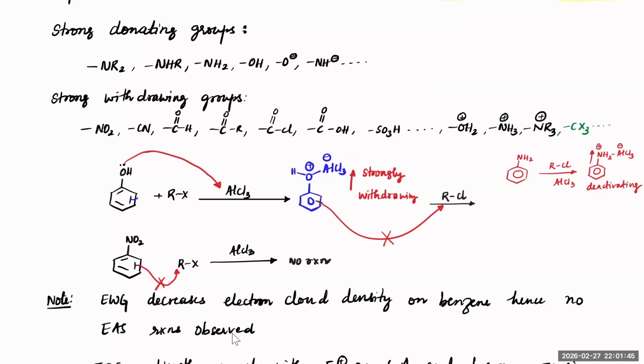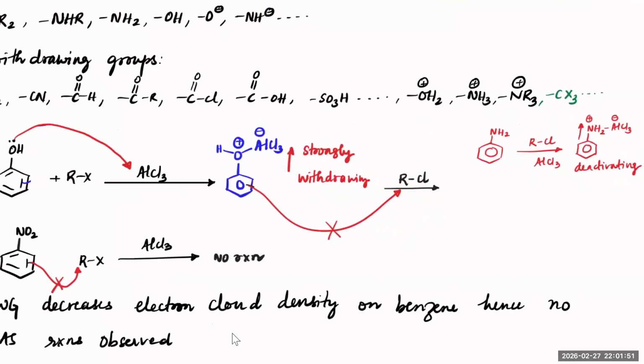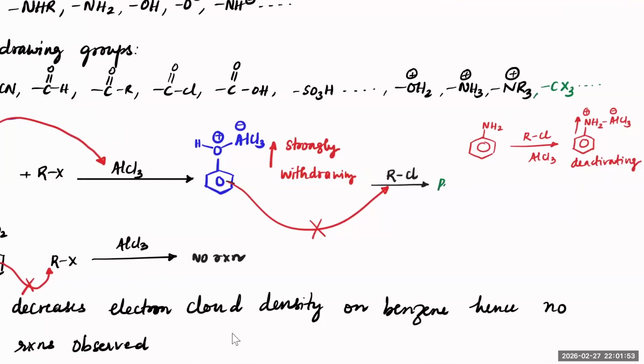Because it is a strongly withdrawing group, this attack is nullified. That's why we say it is going to give you a poor yield of product. But in the case of NH2, the withdrawing is so effective, so strong, that there is no product at all. So if you react with RX, no reaction. At least in phenol there is some product, but here there is no reaction at all.